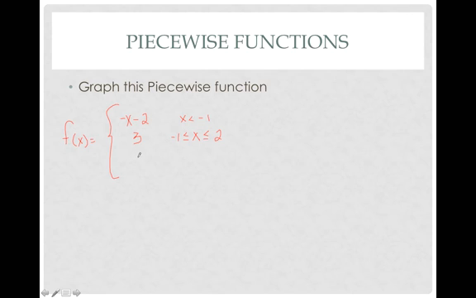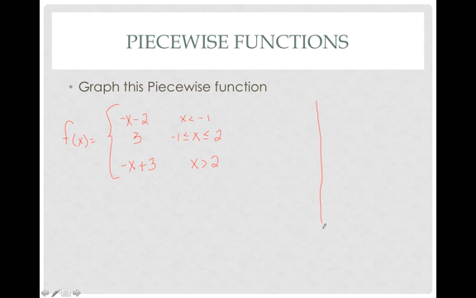And my next function will be negative x plus 3 for when x is bigger than 2. So you notice this set of numbers here is my domain. My domain exists for all real numbers. It's all the numbers less than negative 1, all the numbers between negative 1 and 2, and all the numbers bigger than 2.